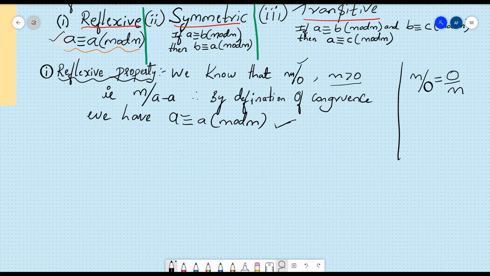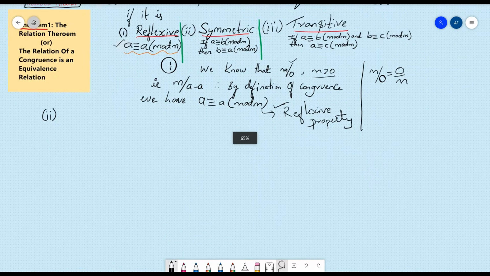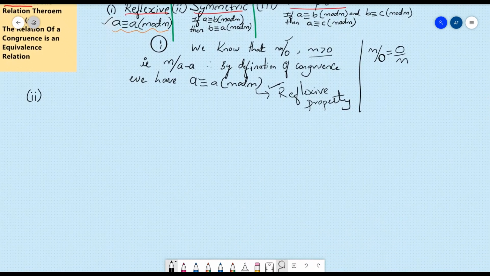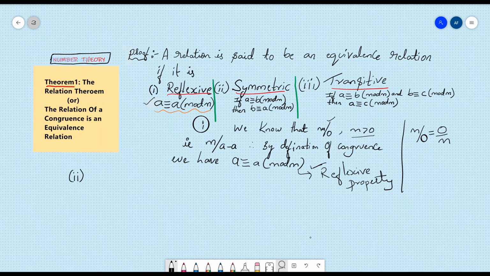Let's move on to the next one, that is the symmetric property. What is the symmetric property?